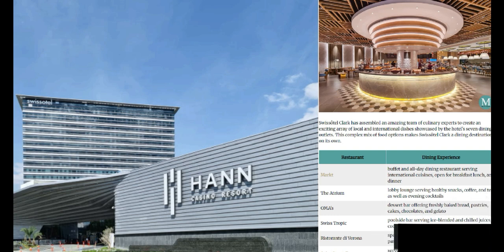The main reason they applied PDCA is they wanted to solve the food waste problem, and they needed a food waste reduction system. In 2023, Swiss Clark in Pampanga faced challenges of excessive food waste, especially in their buffet operation. So they partnered with Winnow Solutions and used PDCA to solve the problem.